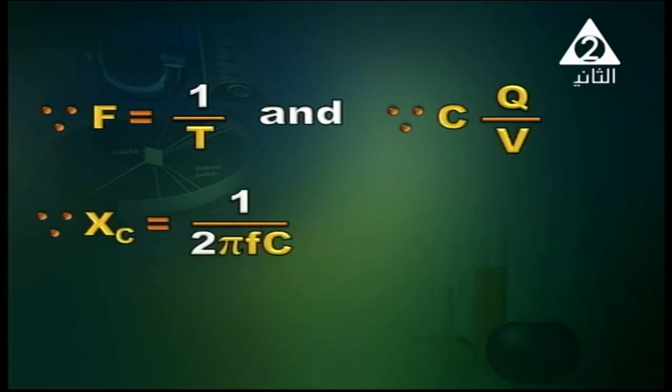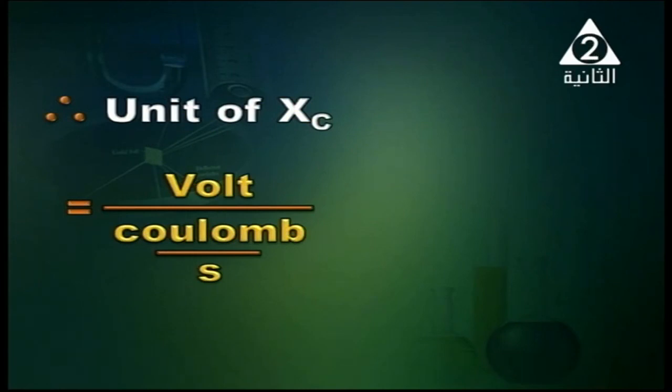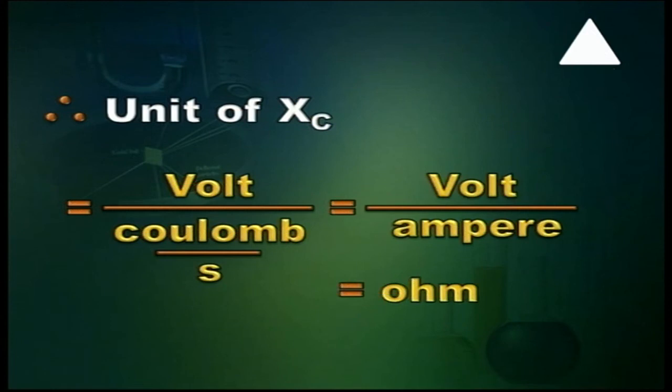And C equals Q over V. Capacitance equals Q over V. Since XC equals 1 over 2 pi FC, instead of F we say 1 over T, 1 over periodic time. So voltage over Coulomb over second. And what about Coulomb over second? It is ampere. So voltage over ampere, which is ohm.